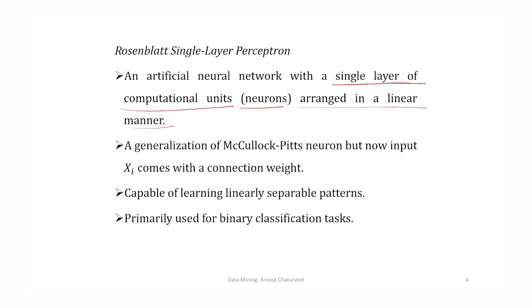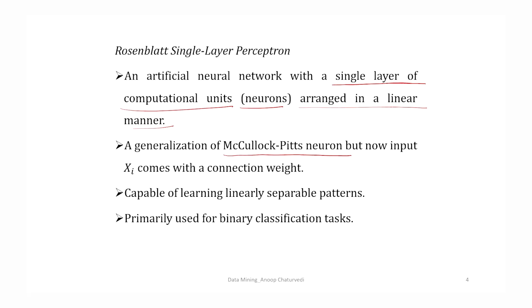This is actually a generalization of the McCulloch-Pitts neuron, but now these inputs x_i's come with connection weights. Remember that in the McCulloch-Pitts neuron, we combine the inputs without using any weights, whereas in Rosenblatt's single layer perceptron, we use connection weights also.